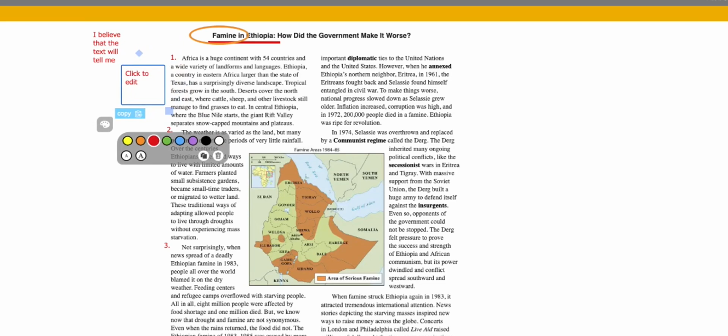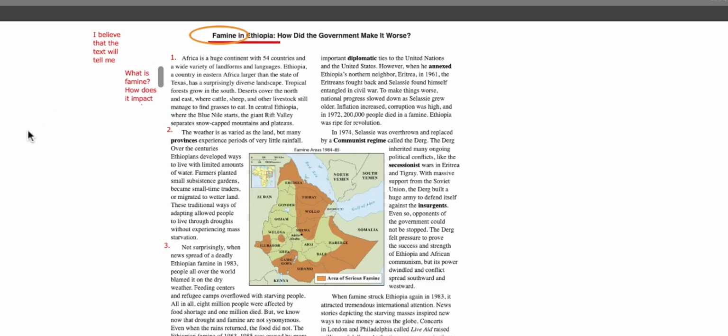Again, every time I circle or underline, I want to leave a note so that when I come back to the text, I'll remember my thinking. So, what is famine? How does it impact people or land? How did the government make it worse?